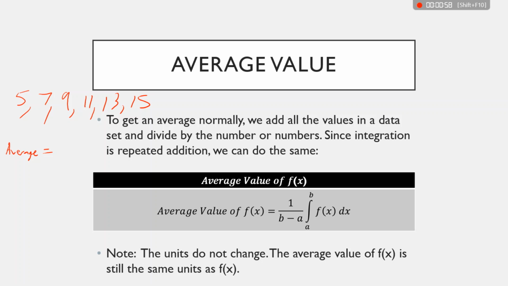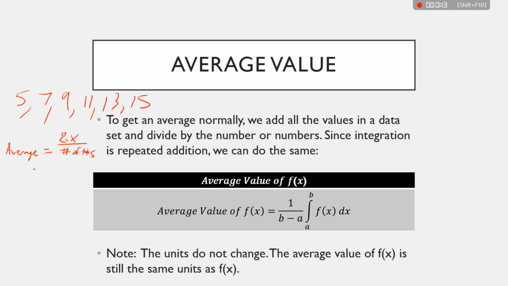Just the average? Yep. We just add them all together and divide it by 1, 2, 3, 4, 5, 6. Perfect. So I would sum all the numbers in the data set and then divide by the number of numbers.